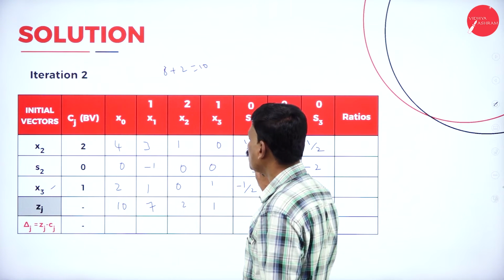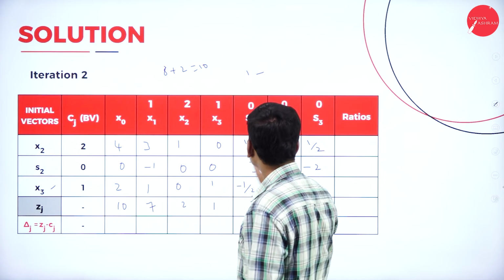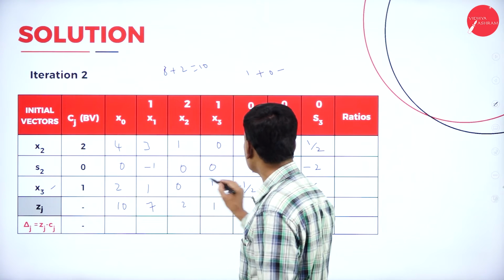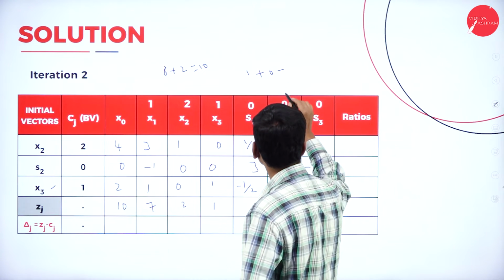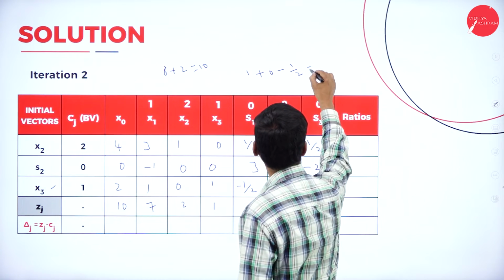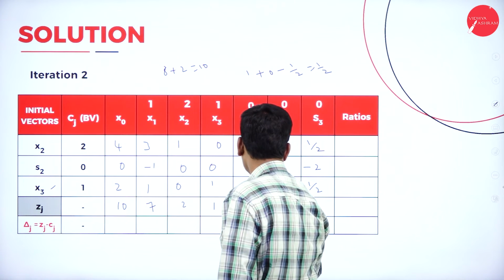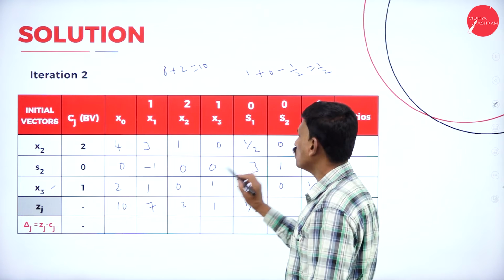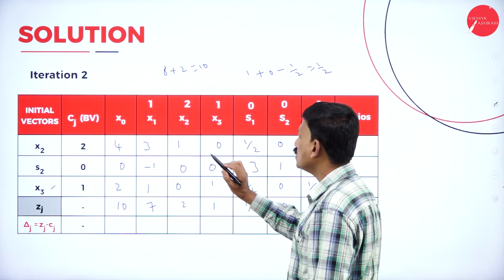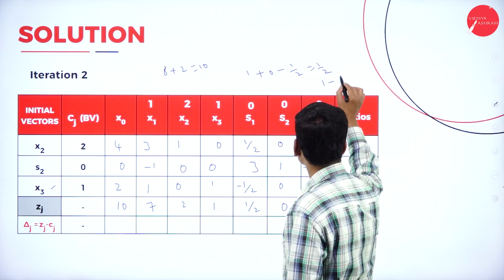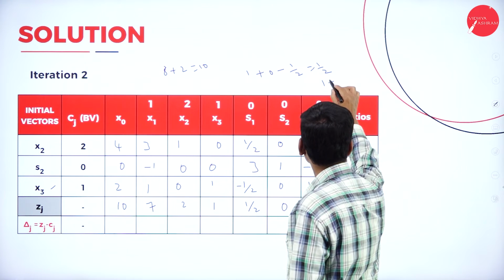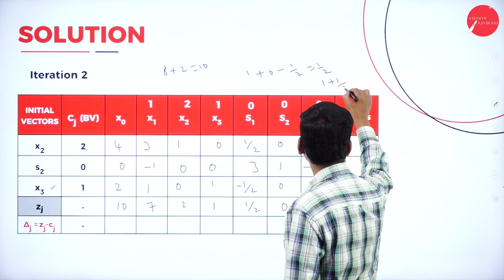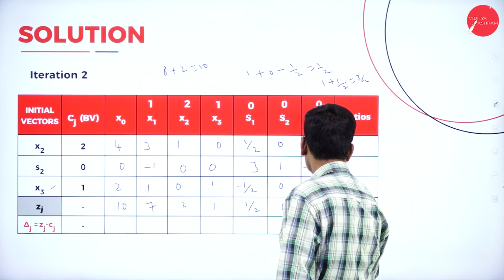Again 2 into 1 by 2 is 1. Again 1 into minus 1 by 2 is minus 1 by 2, that's equal to plus 1 by 2. Again 0 plus 0 plus 0 is 0, 2 into 1 is 1, plus 0 plus 1 by 2, this is equal to 3 by 2.